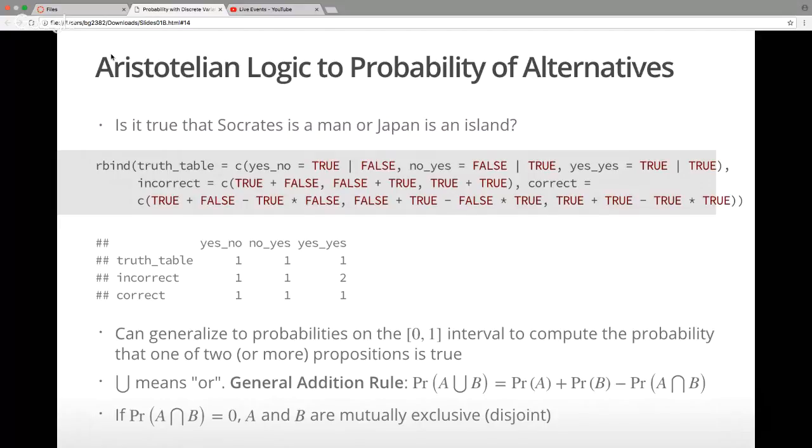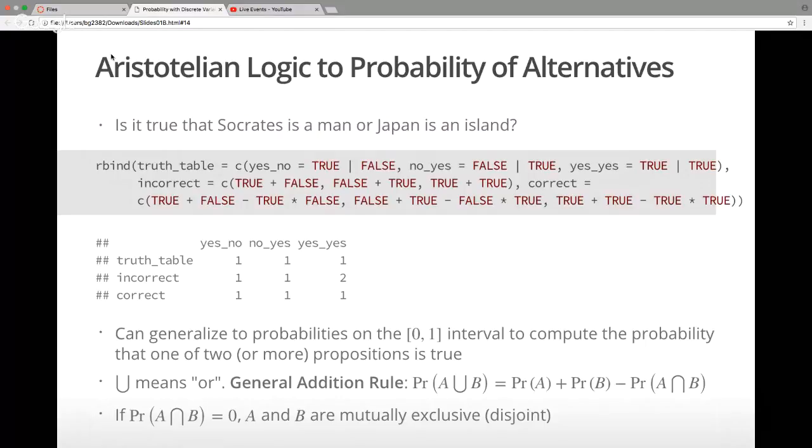In the sense that you're supposed to pick one or the other, but not both. In probability, math and logic, "or" entertains the possibility that both could be true. So Socrates actually was a man, and Japan is an island. Both of those are true. And so it's true that at least one of them is true.